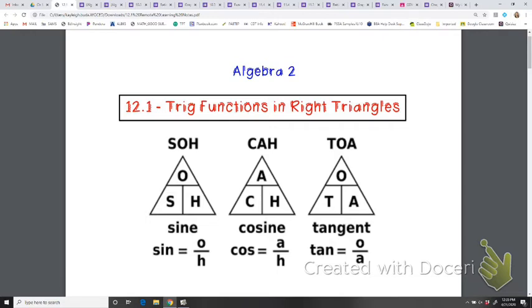CAH is the cosine, so C for cosine, and then you take the adjacent side over the hypotenuse, and TOA means T for tangent and opposite over adjacent. I'll explain that in more detail on the next few slides.